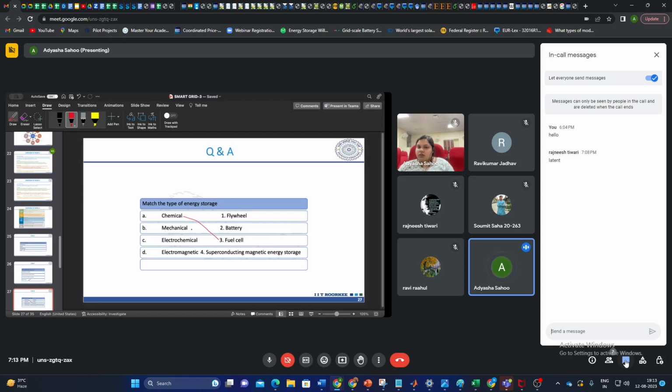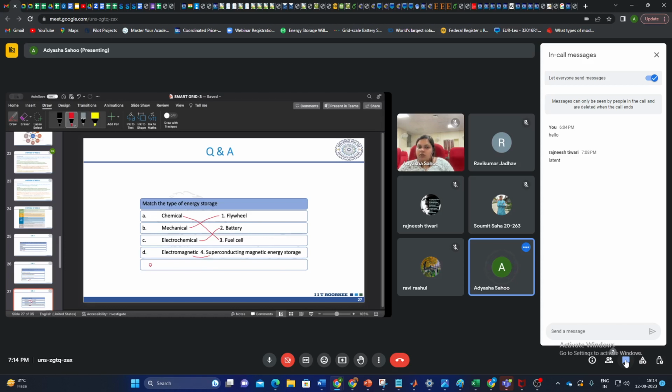So it is flywheel. Electrochemical, you're having batteries with cathode and anode and electrolytes undergoing chemical reactions. So battery is electrochemical. And lastly we have electromagnetic, that is superconducting magnetic energy storage.